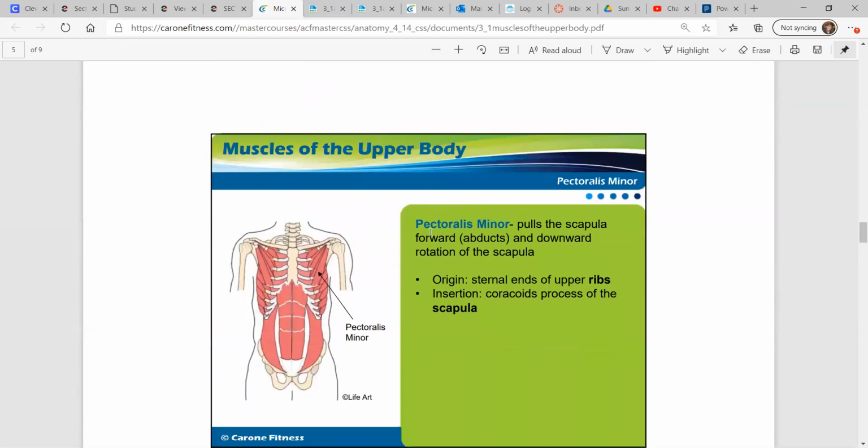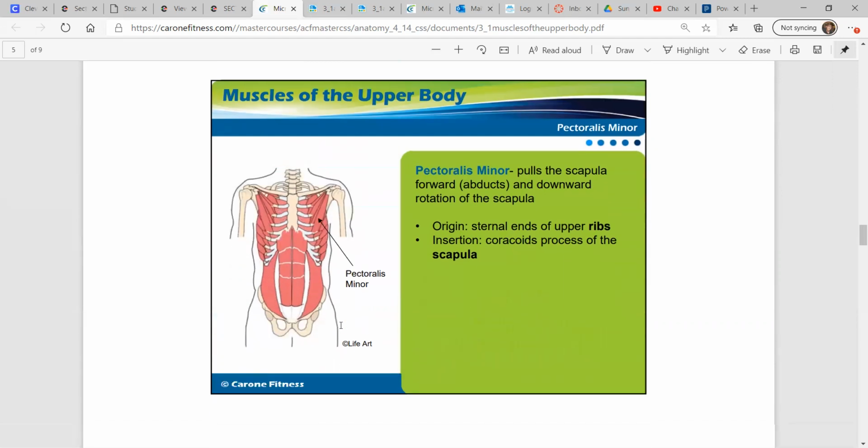The pectoralis minor pulls the scapula forward, abducts, and downward rotation of the scapula. Origin, the sternal ends of the upper rib, and then the insertion is the coracoid process of the scapula.